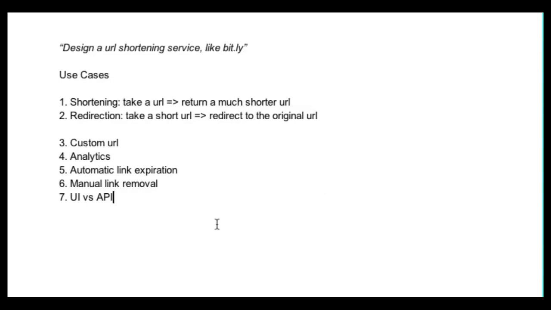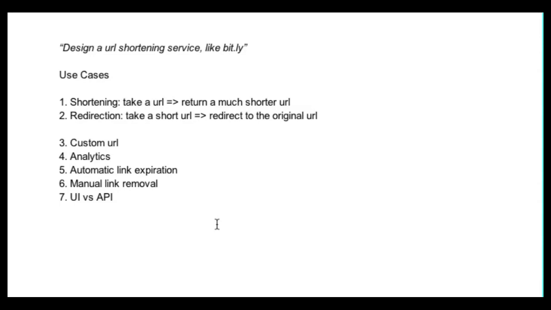So as you frame the problem, you should think of how the system could be used and verify this with your interviewer. The interviewer will answer no to many of those and yes to a few. Alternatively, the very first time you ask them a question, they may say, well, you know what, let's only worry about redirection and shortening and leave anything else off the table for now.